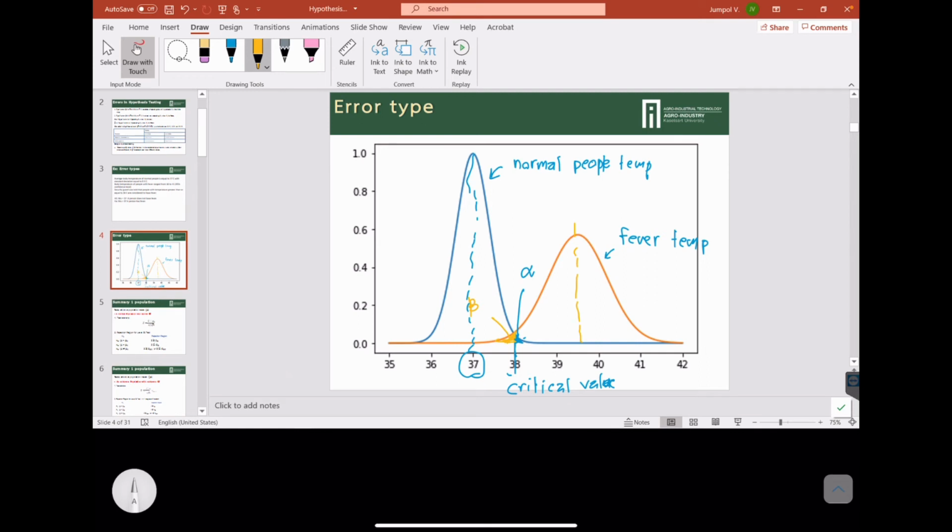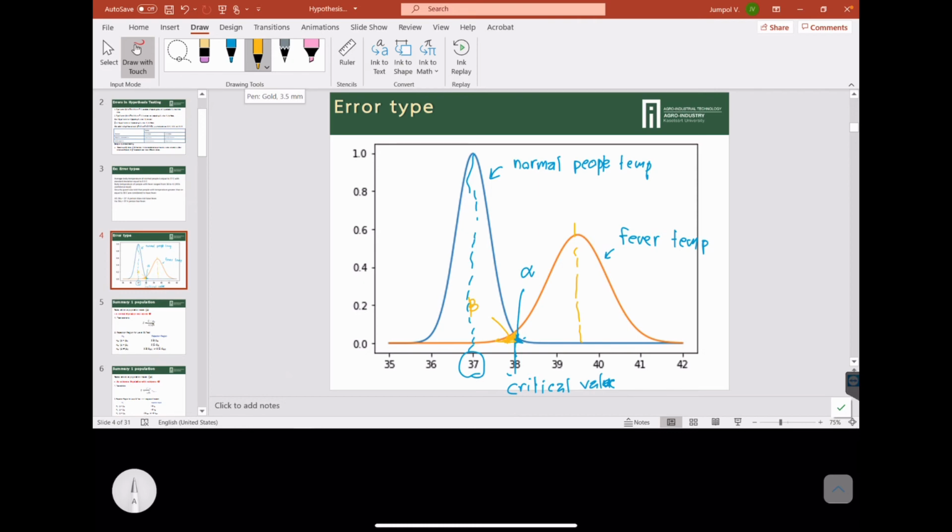So this is the probability that people with fever will have the temperature lower than 38 degrees. So the security guard will think that, okay, he is fine, but actually he is not fine, he has fever. So the probability of beta is here.